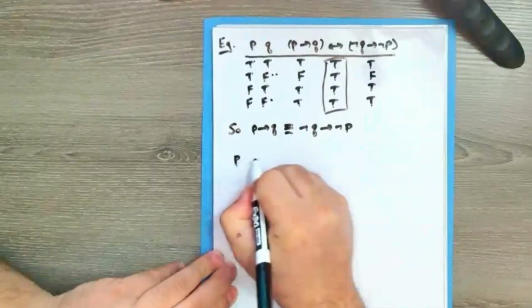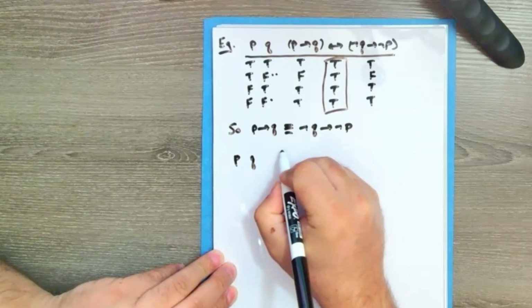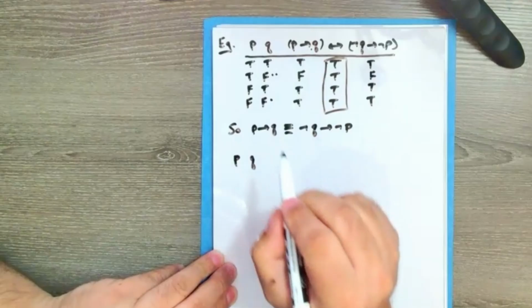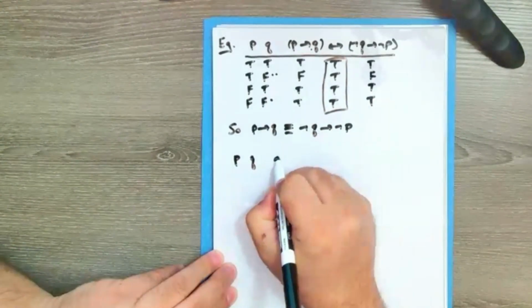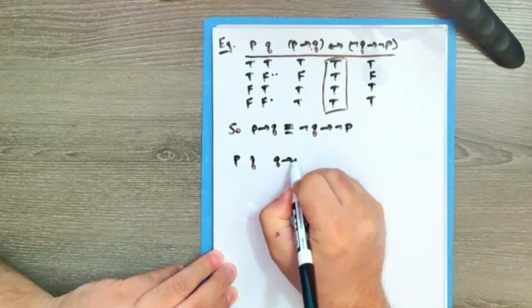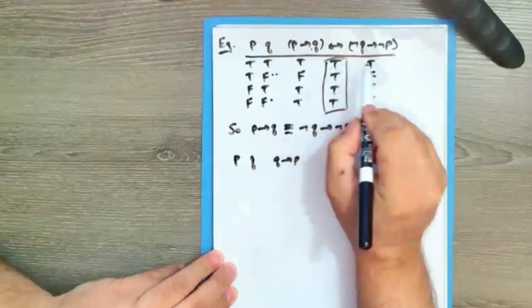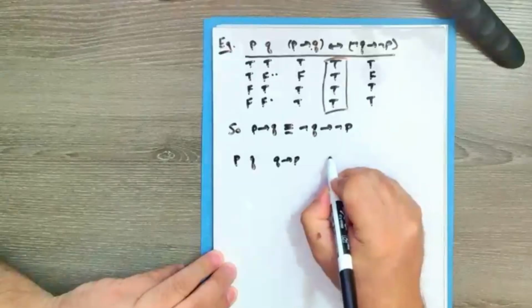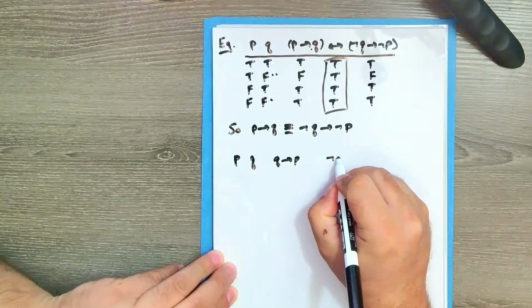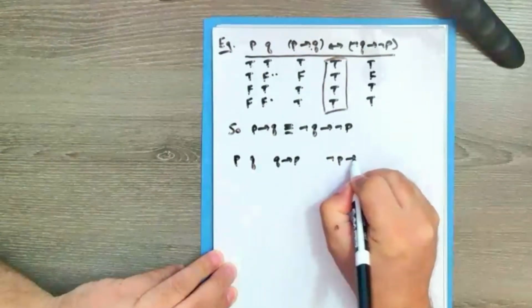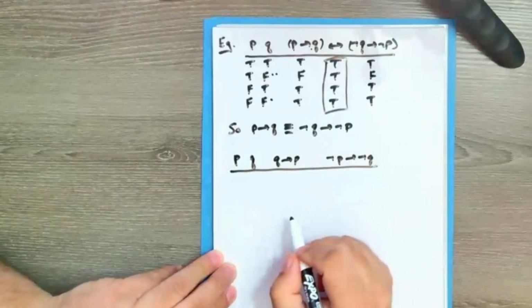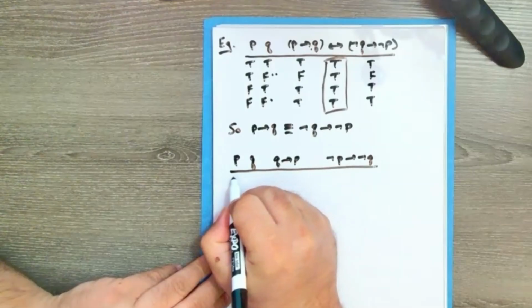So next, let's look at the converse of the implication P implies Q, which is Q implies P, and compare that to the inverse of this implication, which is not P implies not Q. Again, we'll build a truth table.